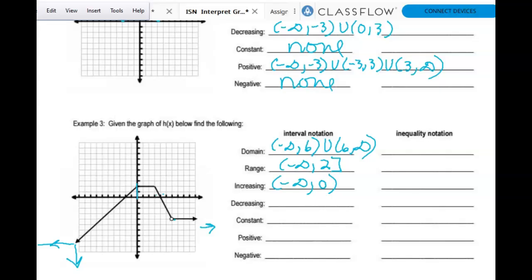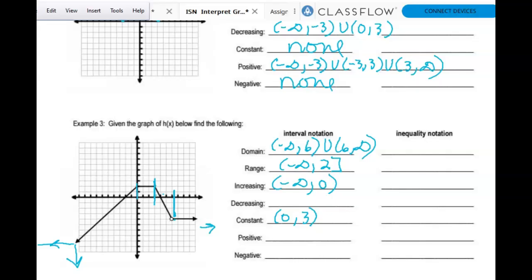Next, that next interval right there. Increasing, decreasing, or constant? Constant, and it's constant from 0 to what number? I think 3. 0 to 3. And then what happens from 3 to here? Decreasing.